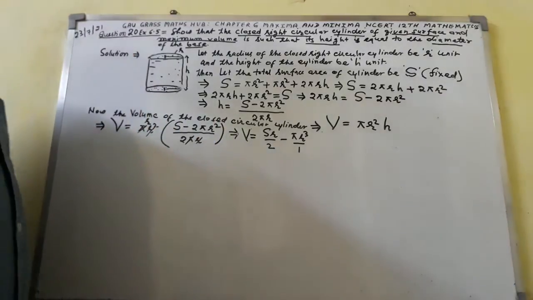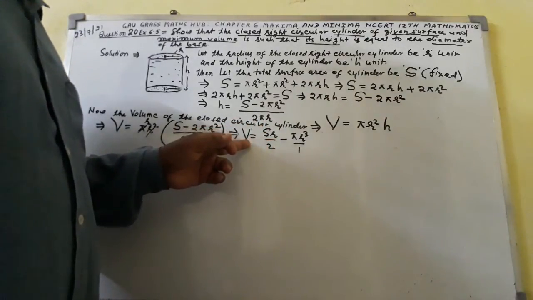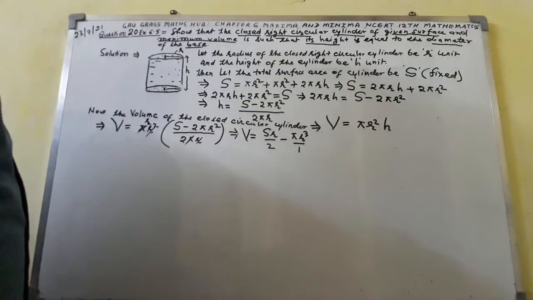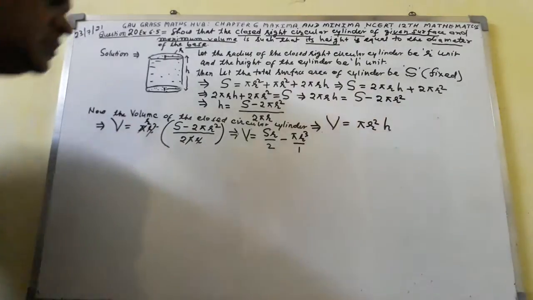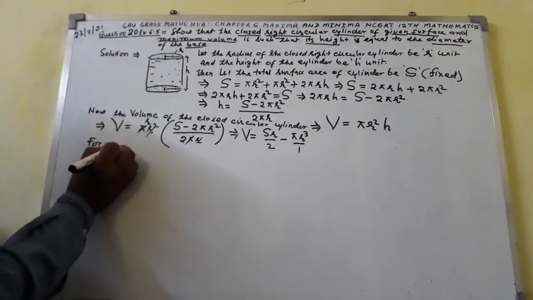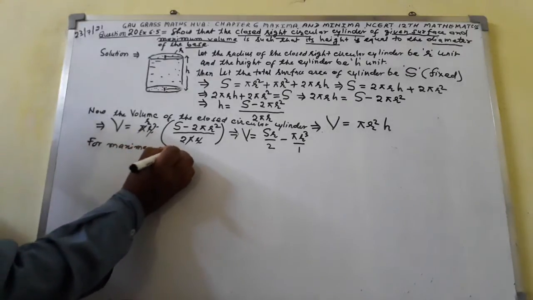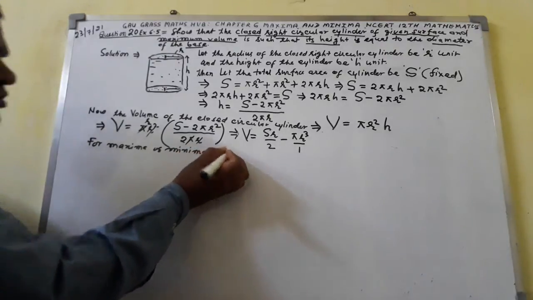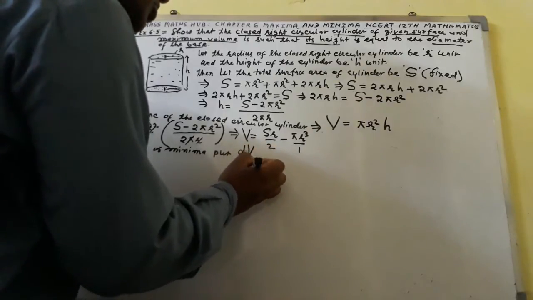This is okay. Now you can see here r is variable and V is a function. So what I shall do here, I shall find dV over dr. So here I shall write for maxima or minima, put dV over dr equal to 0.